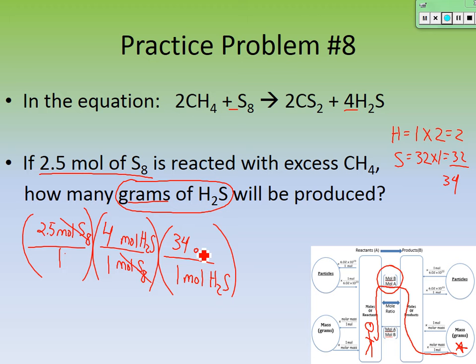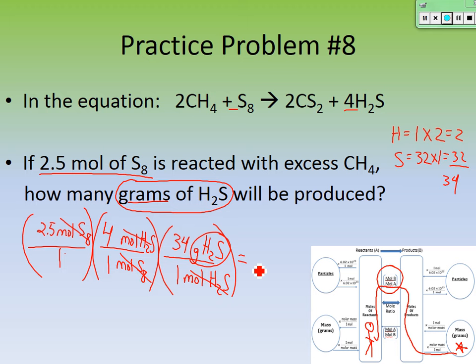Moles? No. That's atomic grams. Grams of what? Or the molar mass. H2S. It's grams of H2S. Whenever you find molar mass, it's grams of that compound. Okay, my moles are canceled out and I'm left with grams of H2S. Can I stop there? Yes. Throw an equal sign on this thing and now it's just a math problem.